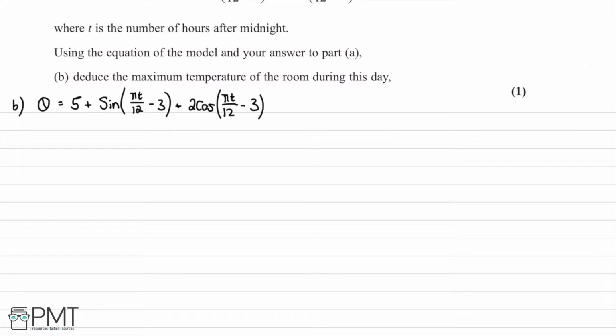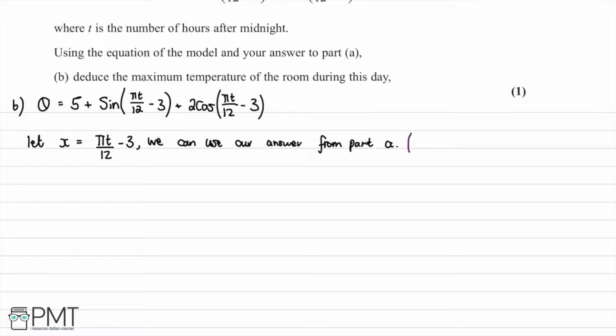So if we let x be equal to pi t over 12 minus 3, we can use our answer from part A. We recall our answer for part A was root 5 lots of sine of x plus 1.107, and we knew that that was equal to sine x plus 2 cos x.